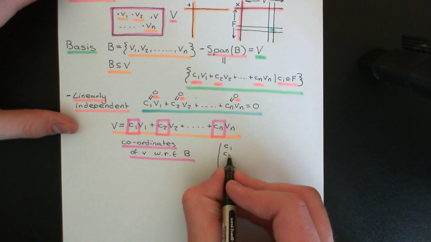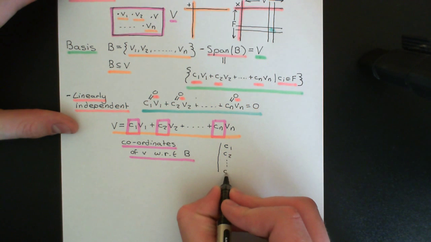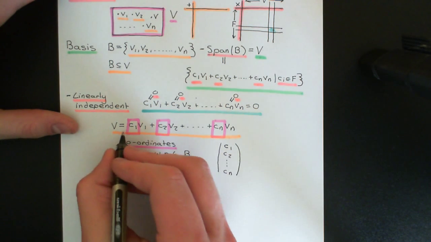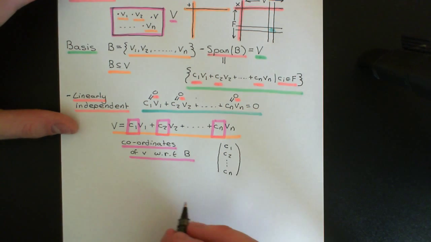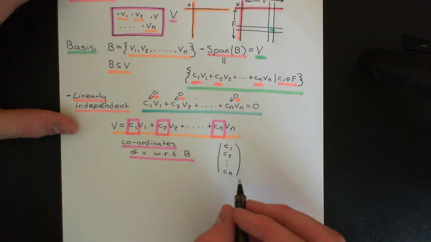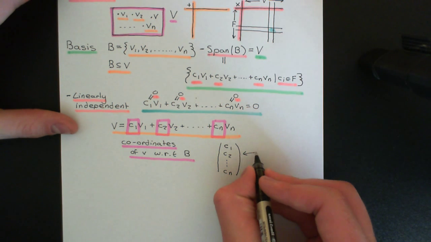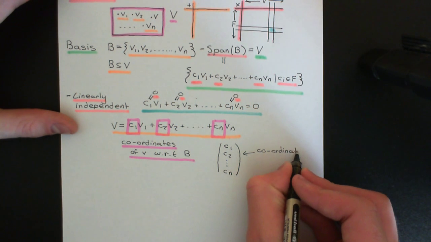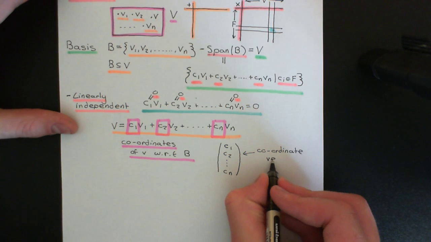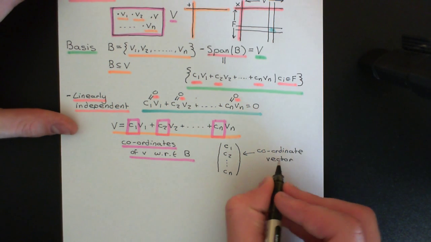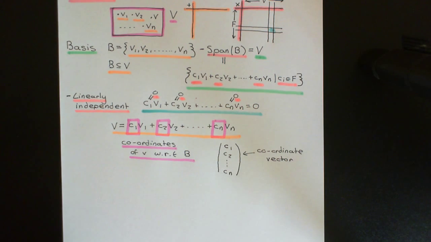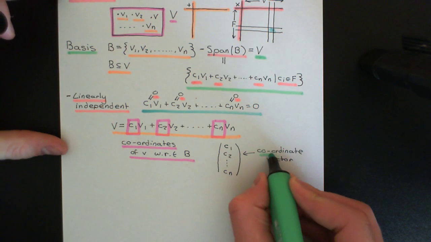So we can put C1, C2, all the way down to Cn, and this is called the coordinate vector of this vector little v in our abstract vector space with respect to this basis. So once you've got a basis, you can write all of the vectors in the vector space as coordinate vectors with respect to that basis.